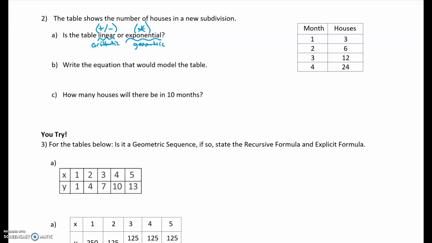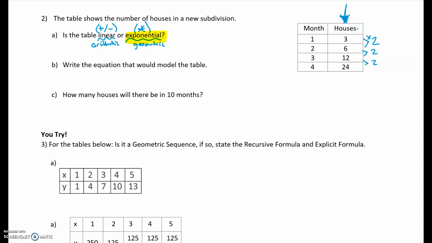So we're going to come over here to our houses number, which represents the y's, or the numbers of our sequence, and I'm going to say, how do we go from 3 to 6 and from 6 to 12 and 12 to 24? Are we adding the same thing every time? Are we adding 3 every single time? No, but we are multiplying by 2 every single time. So this one would be exponential.